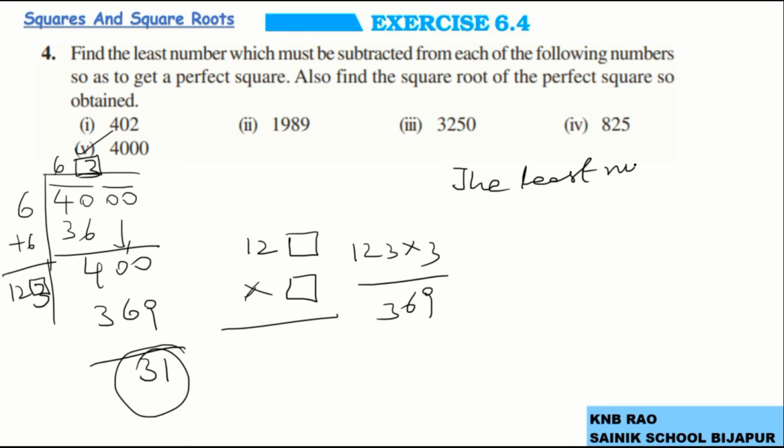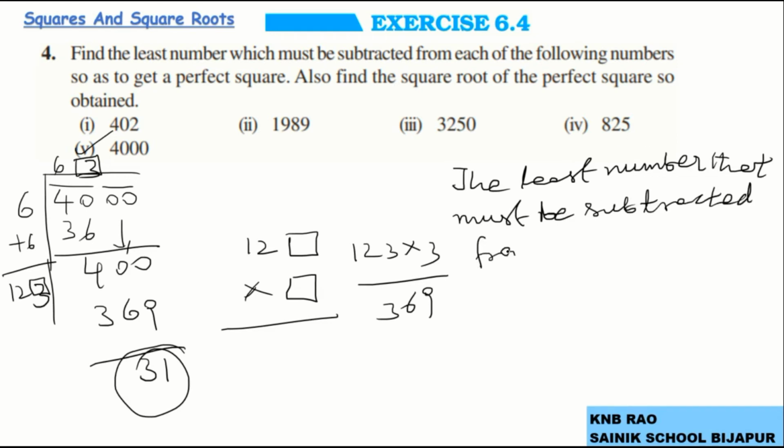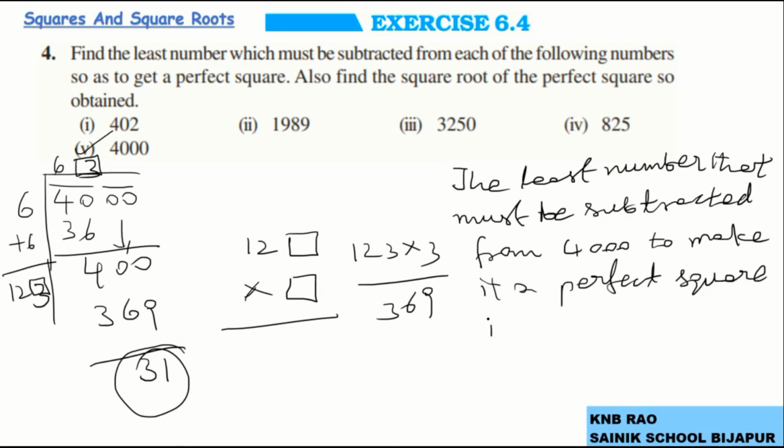The least number that must be subtracted from 4000 to make it a perfect square is 31.